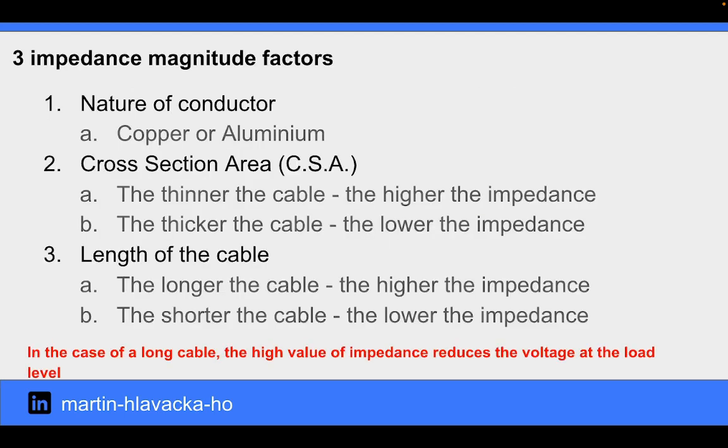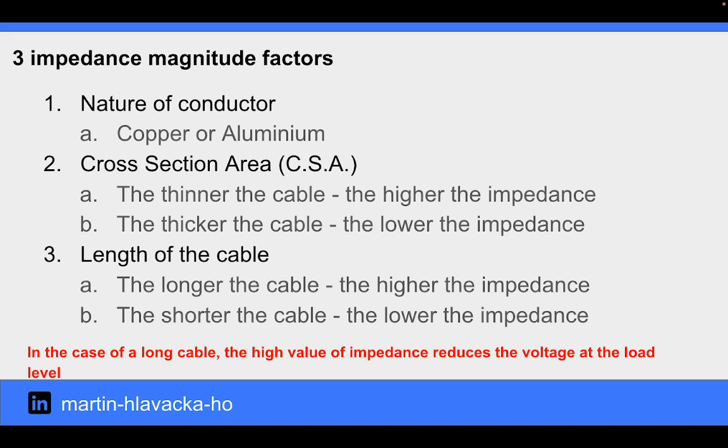There are three factors on which the impedance of the cable depends. The first factor is the nature of the conductor. It depends on whether the conductor is copper or aluminium, but most of the time we will find copper conductors in electrical installations. The second factor is cable cross section area, or CSA.